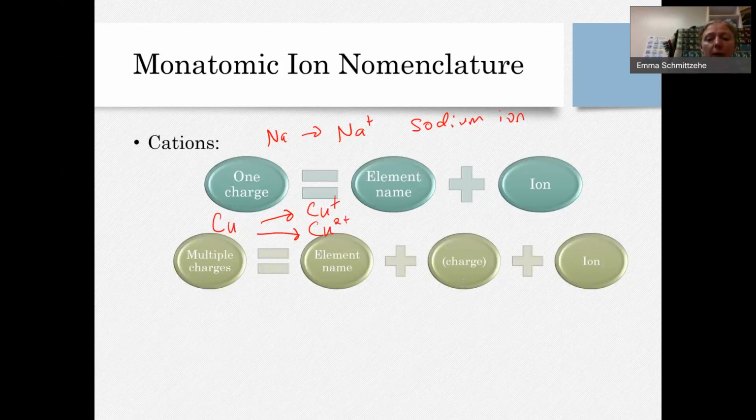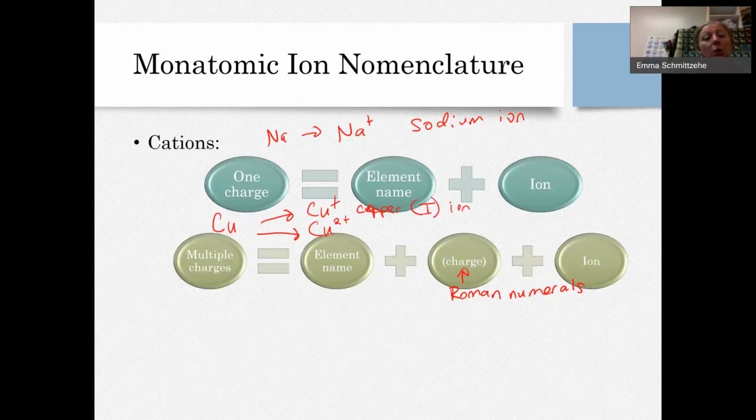But you have to be careful here. The charge needs to be in Roman numerals. So when I say that Cu plus would be copper 1 ion, that would be copper, oops, not copper, copper with an O, and then Roman numeral 1, ion.